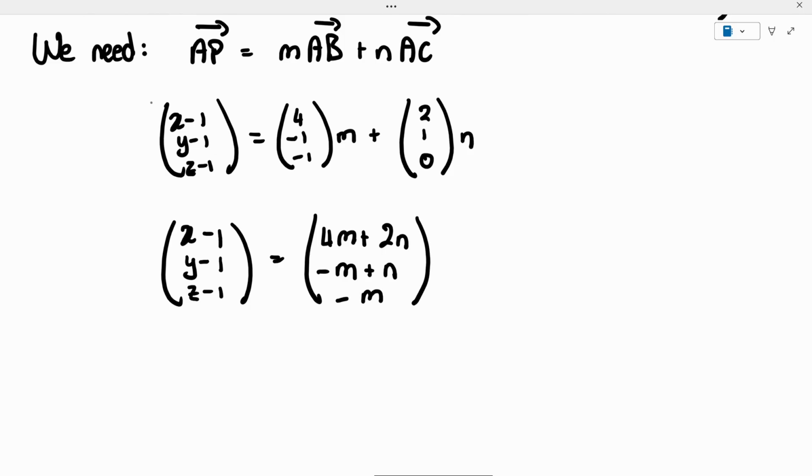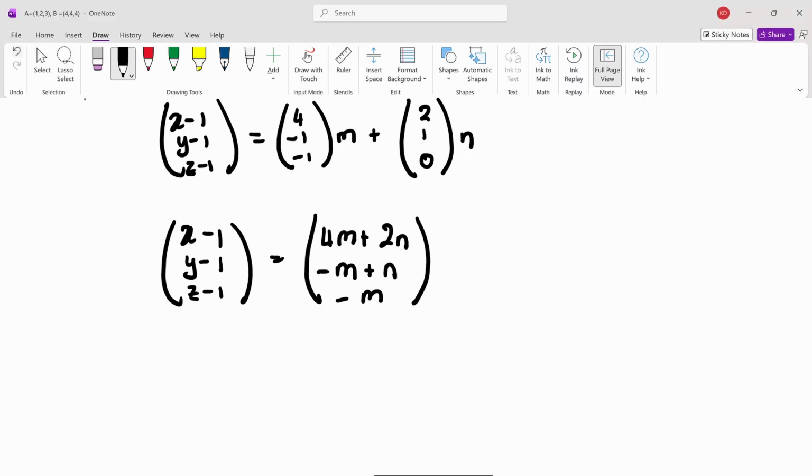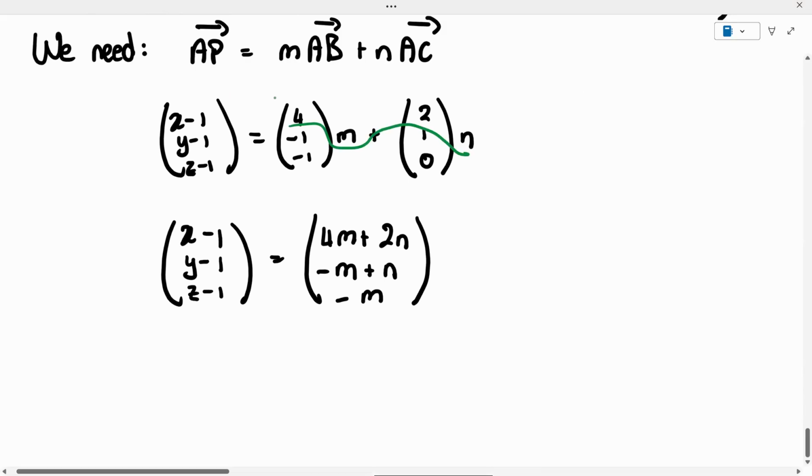You'll see what I did there, right? Remember column form and row form. They are analogous to each other, right? So I'm just going 4m plus 2n, that's my first entry. Then I'm going minus m plus n, that's my second entry, right? And it just comes from going straight across.